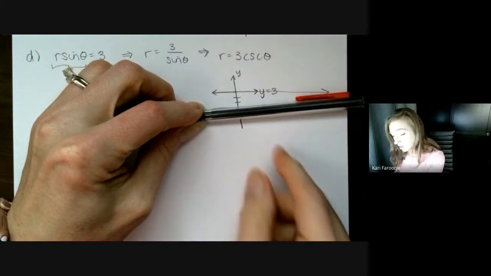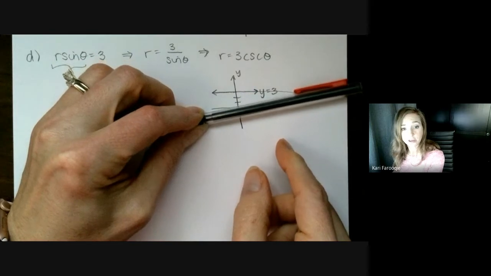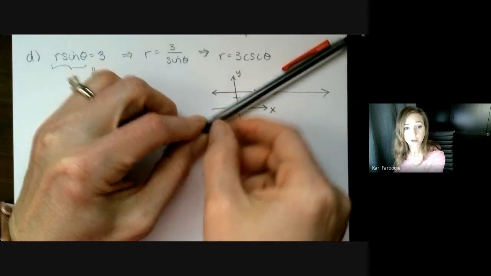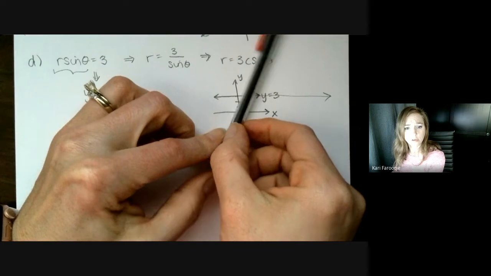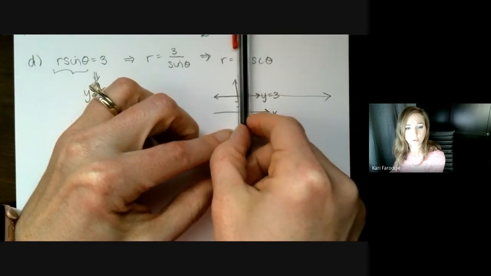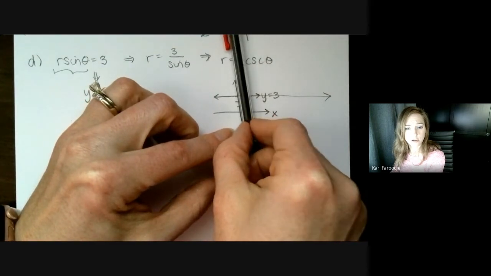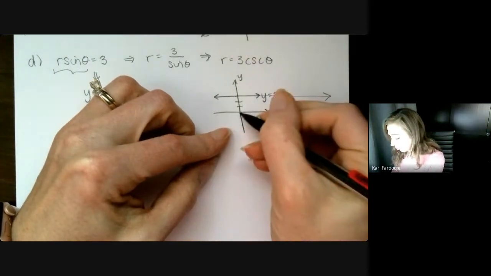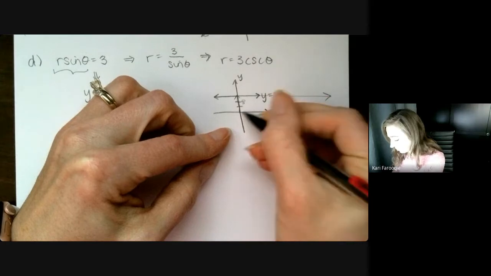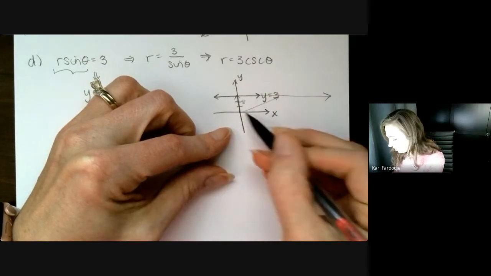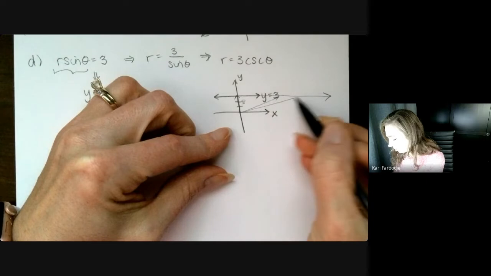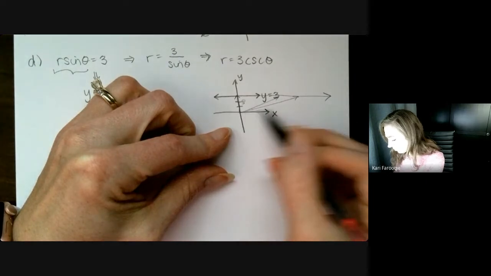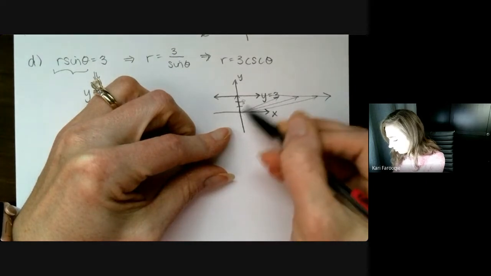But as you work your way up through these angles, heading up towards pi over 2, well, the sine of pi over 2 is 1. So that would just be 3 divided by 1, which is 3, which is why you get this radius here of 3. It's so hard to think about radii and how they relate to straight lines. I really want you guys to be able to visualize this, though.